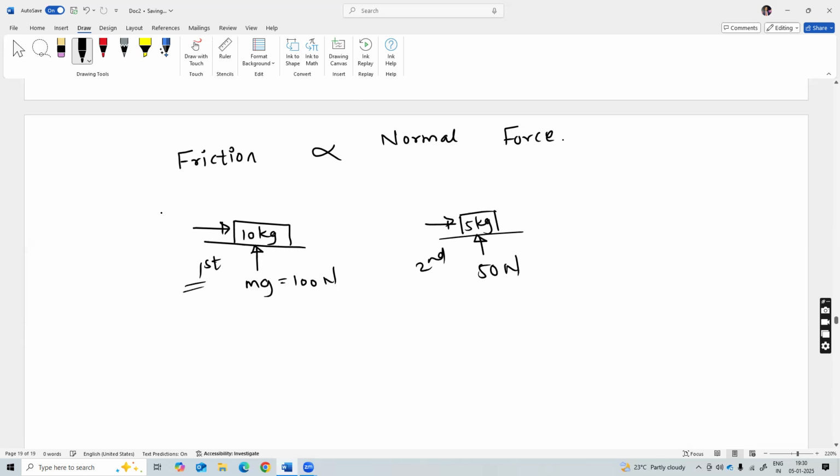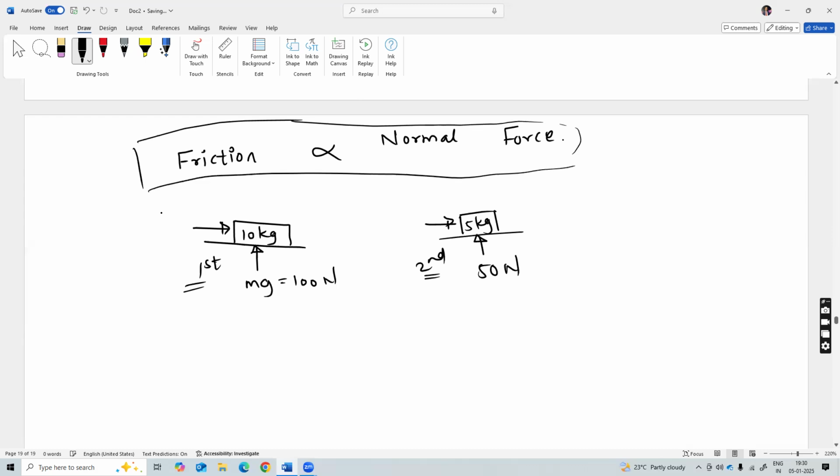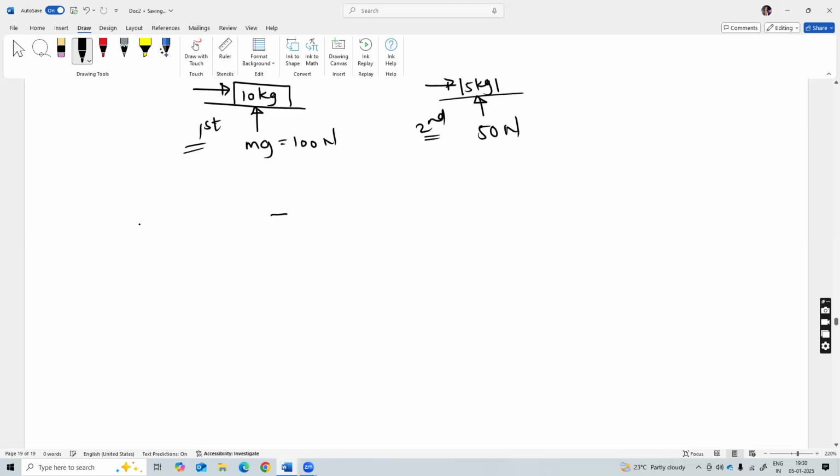Friction in the first case will be higher than in the second case, because friction is directly proportional to normal reaction, and in the first case the normal reaction is more. Let's say this is FFR, the frictional force, directly proportional to normal force, and therefore FFR, that is frictional force, is given as mu into N.